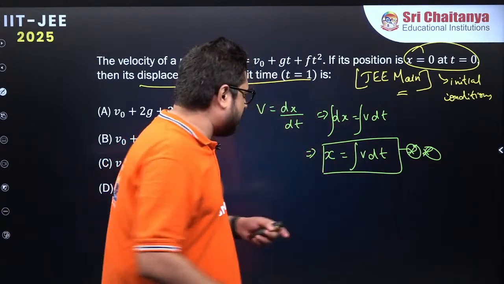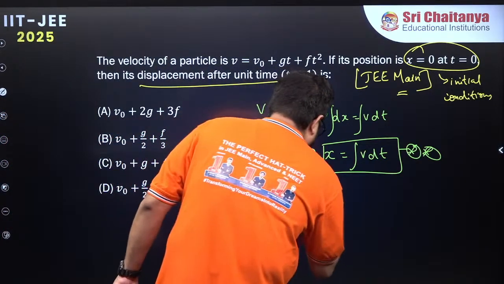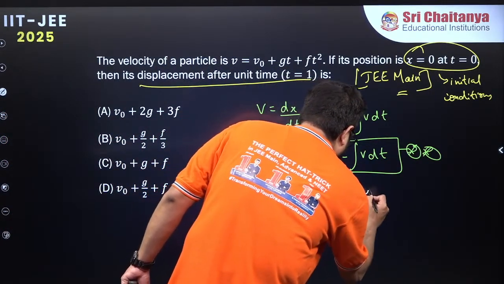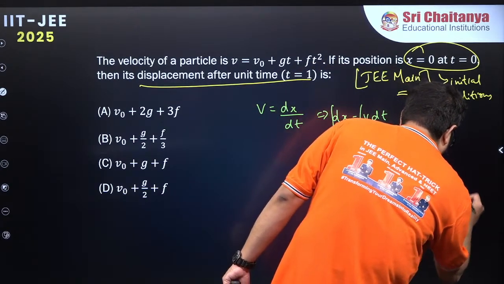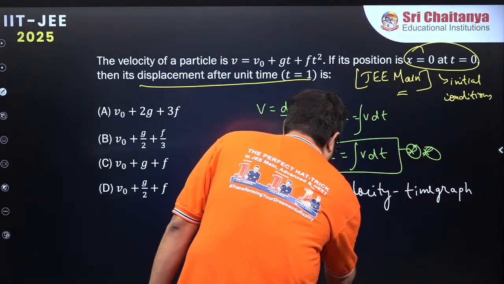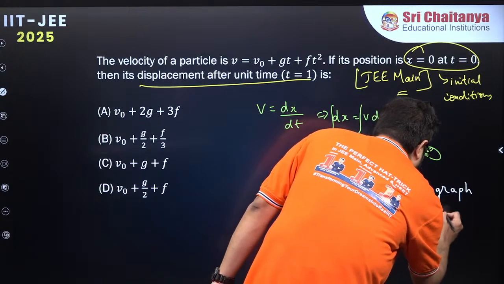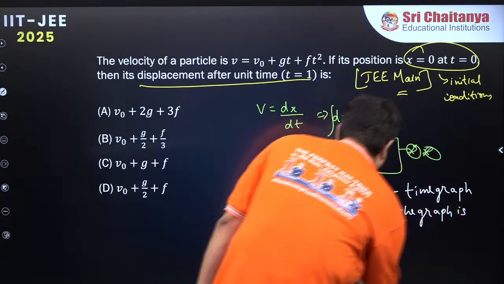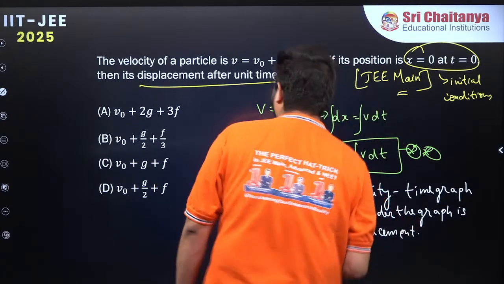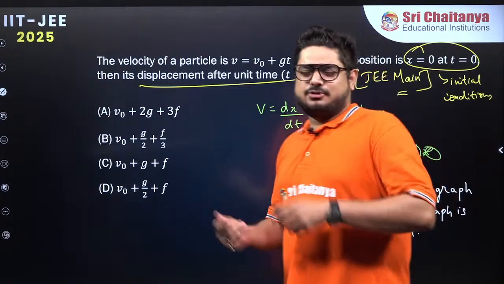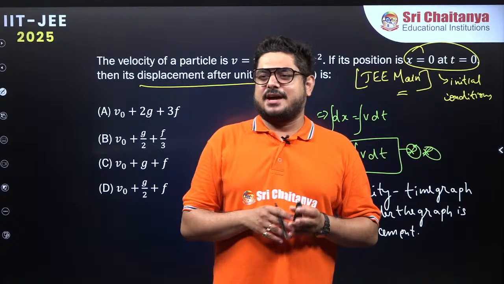If you are being given a velocity time graph, you can write down: the area under the graph is going to be displacement, everyone. Okay? So we'll try to solve some questions tomorrow, means on Monday at 4 p.m., with some area under the graphs related questions.